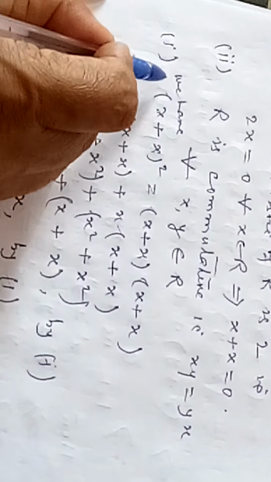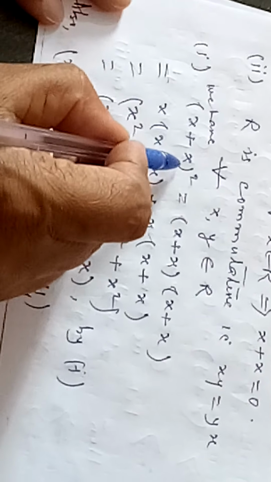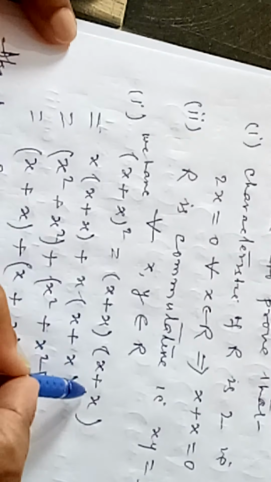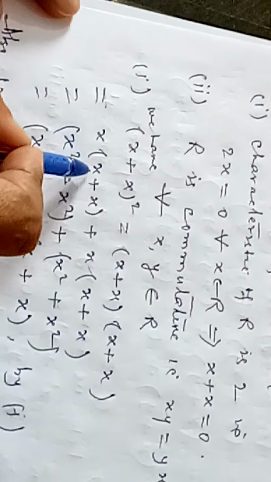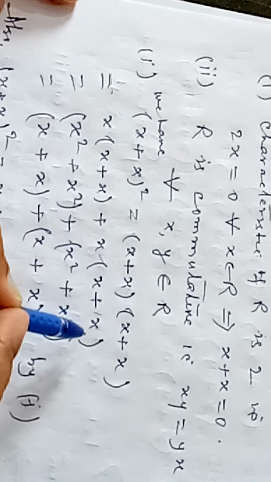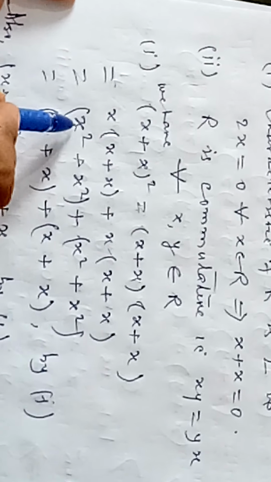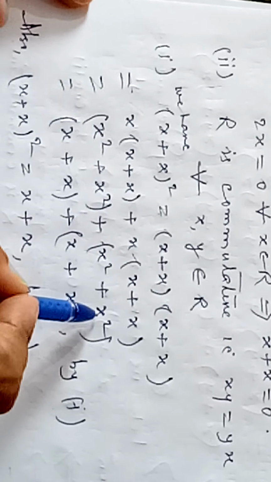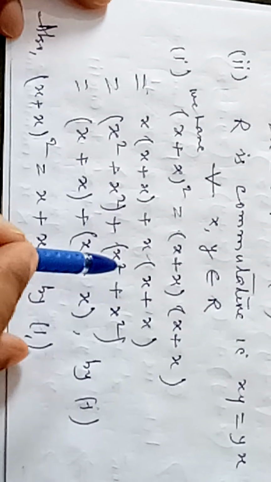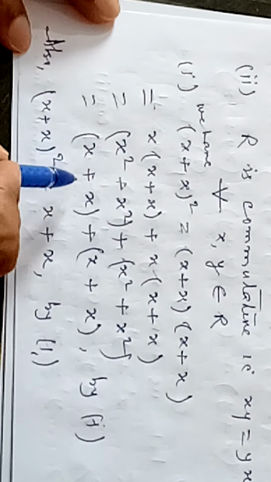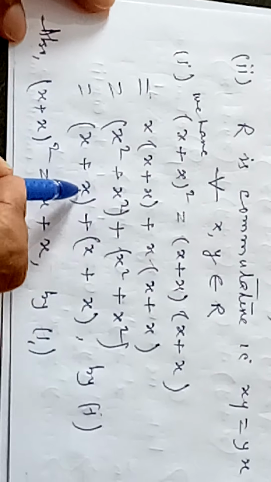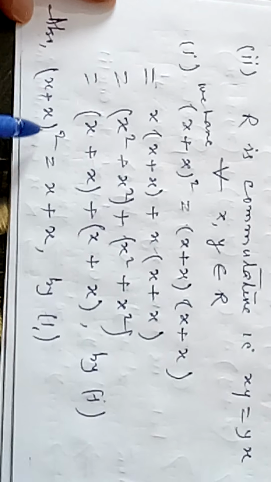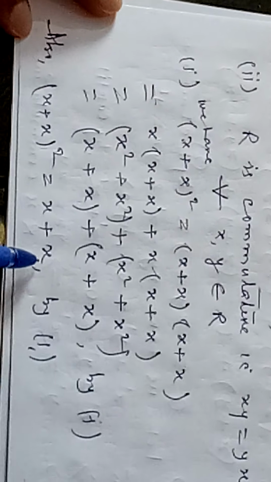Proof of 1. We have (x plus x) whole squared. We can write (x plus x)·(x plus x), and by the distributive law, simply multiply this, you will get x squared plus x squared plus x squared plus x squared, and by the given condition, by 1, x squared is x, x squared is x, x squared is x, x squared is x, and also (x plus x) squared is equal to x plus x by 1.